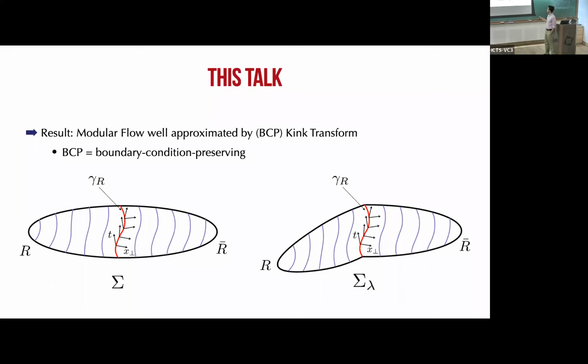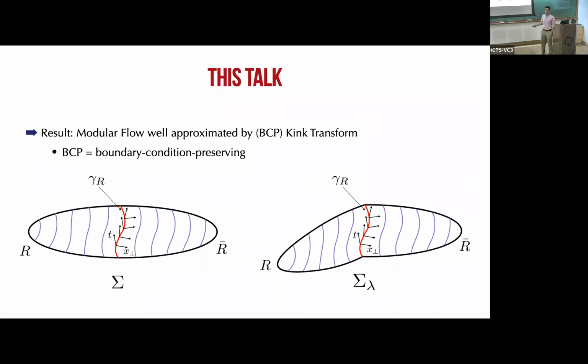Then the kink transform is defined as follows. We consider a transformed initial data where we keep the induced metric the same. The initial data in this context is the induced metric and the extrinsic curvature, right? So we keep the induced metric the same, but we add a delta function in the extrinsic curvature, which folds this Cauchy slice. This is roughly what you can think of as a one-sided boost.